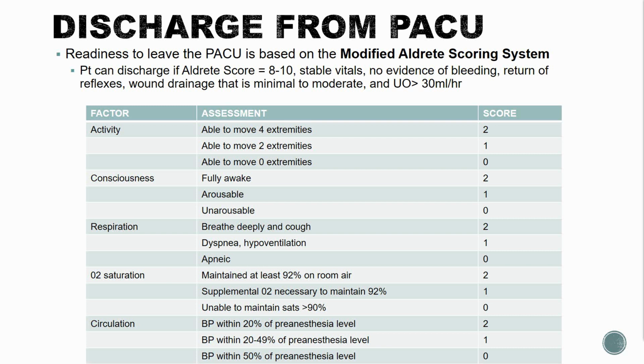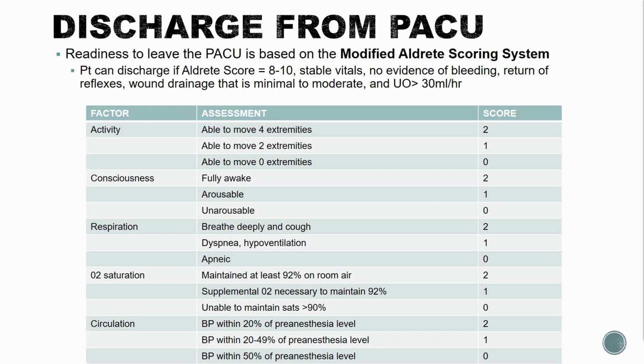Readiness to leave the PACU or to be discharged home is based on a recovery score, usually assessed by the modified Aldrete scoring system. So typically, we want to see that the patient has a score of 8 to 10, which indicates that the patient is pretty much back to baseline.